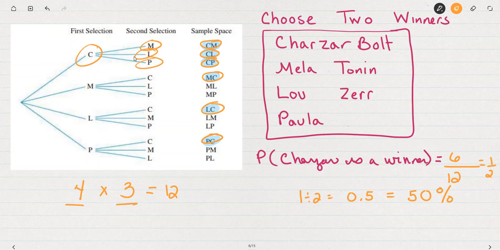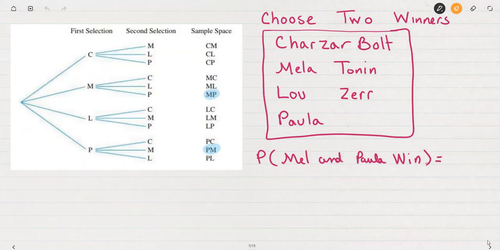That gives us a total of 12 elements in the sample space. We could think of this as drawing a name from the hat, and then we do not replace the name. Since we don't put Charizard's name back, we can't choose him on the second draw. That's why it's not 4 choices on the second draw.